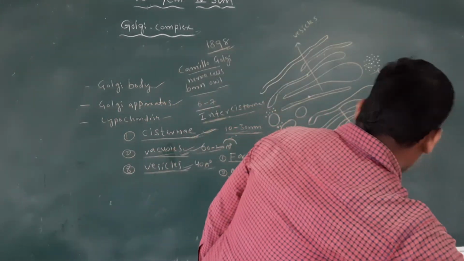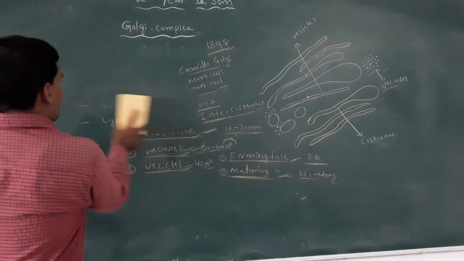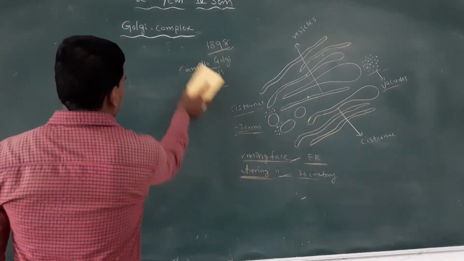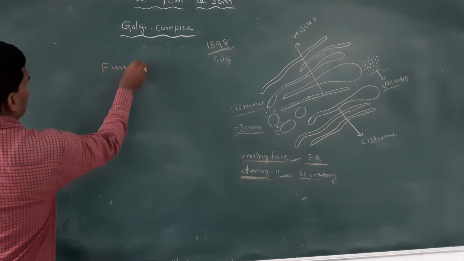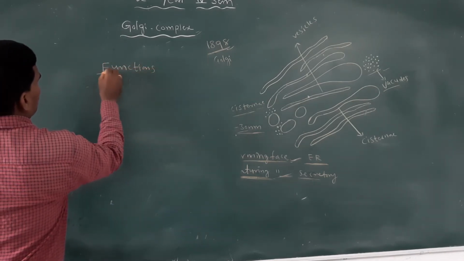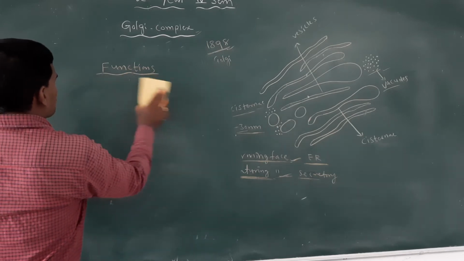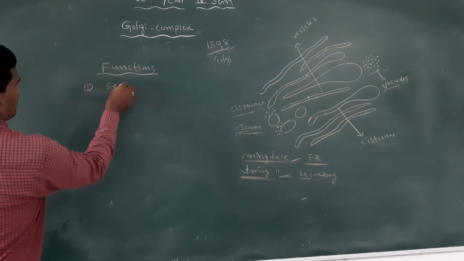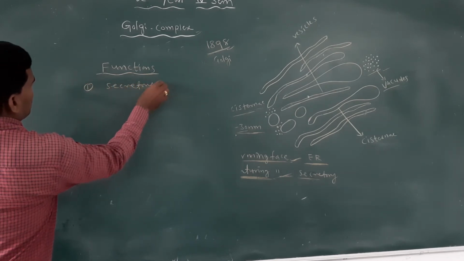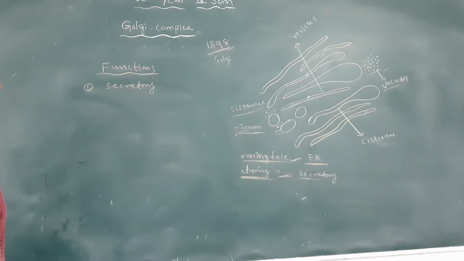Next, the functions of the Golgi complex. The first one is as a secretory organelle. Next, formation of the cell wall. Third, formation of the plasma membrane.